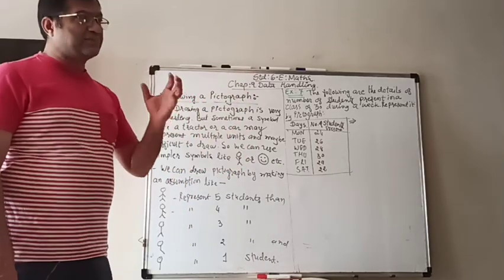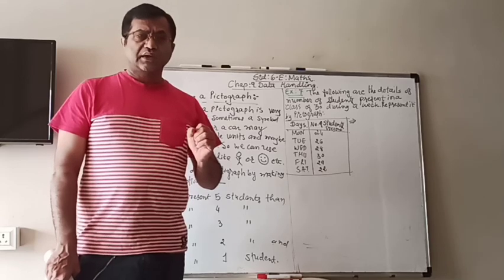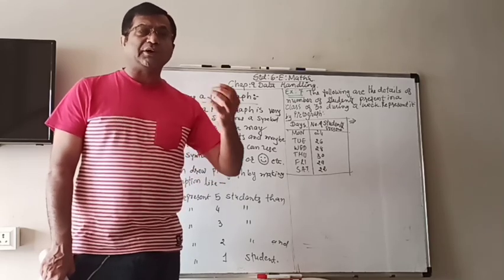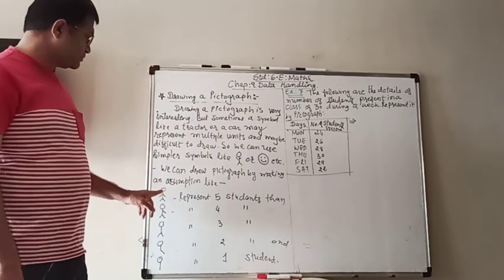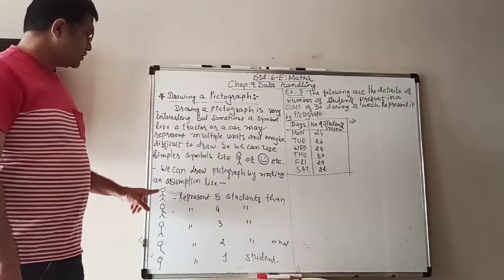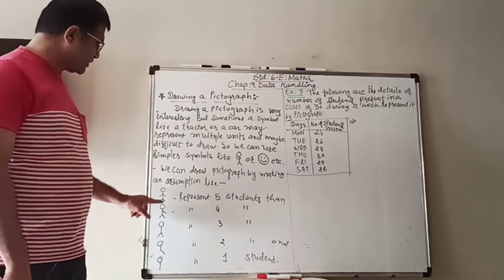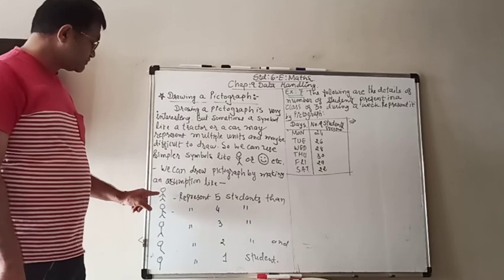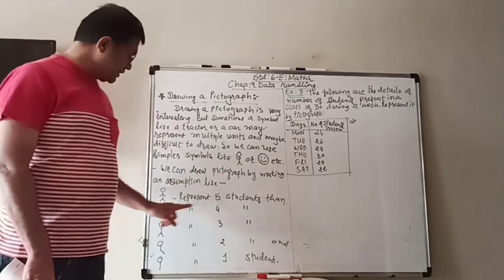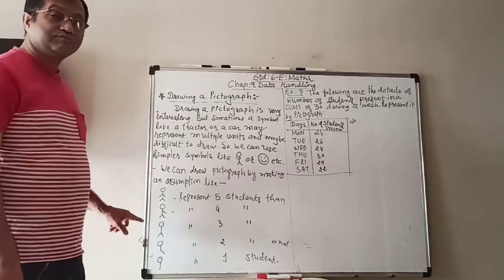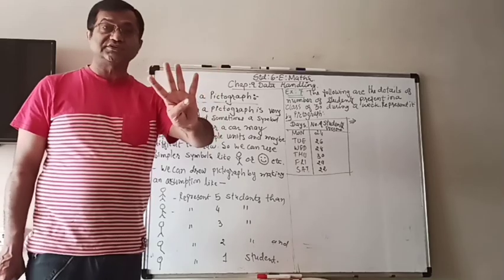Now sometimes the numbers are not in the multiple of 10 or that. In this situation, what can we do? Look here. I take the full man with 2 hands and 2 legs and a head. If it represents 5 students, then if I take out 1 hand, it represents 4 students.